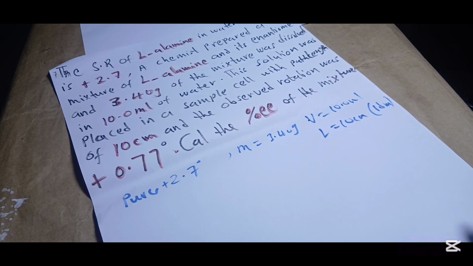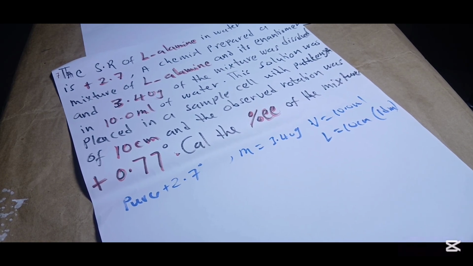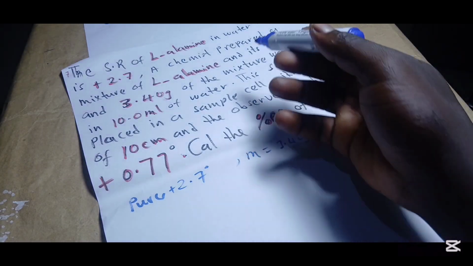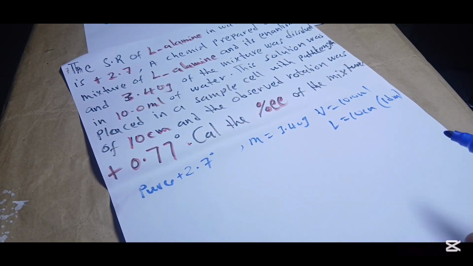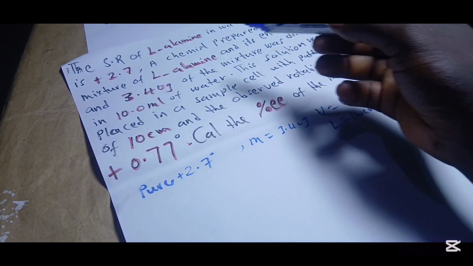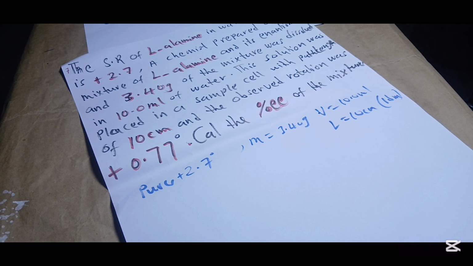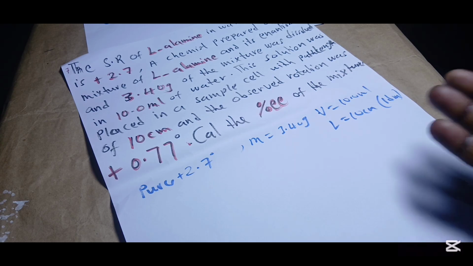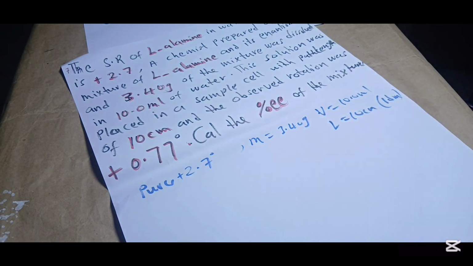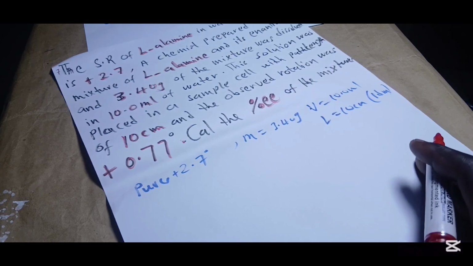Now we know the pure specific rotation of L-alanine, but we don't know the specific rotation of the mixture that the chemist prepared. But we are given some values that can help us to calculate the specific rotation of that mixture.